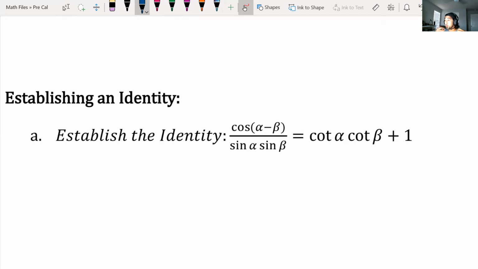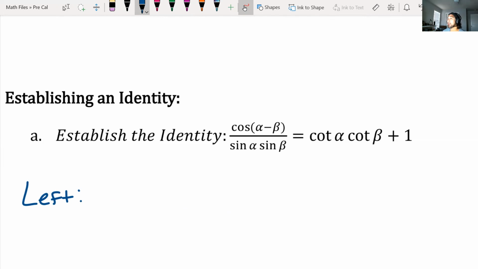But again, for identities, you always choose the more complicated looking side. Trust me on this one, it would work both ways nicely. But we said left side, so let's go left side.